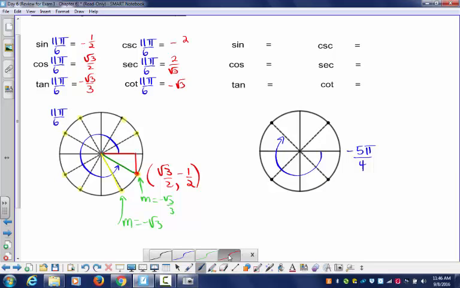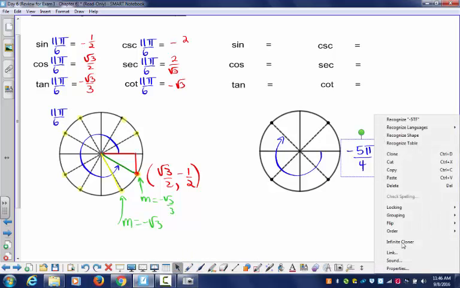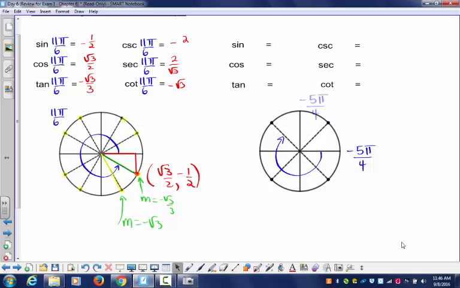All right, let's do an 8-sector one. So let's imagine negative 5 pi over 4. So go ahead and do that one.